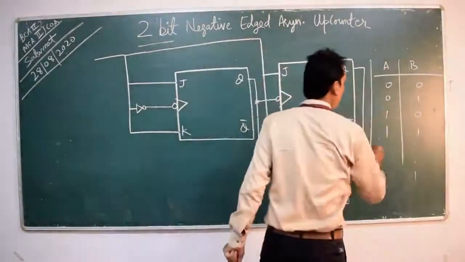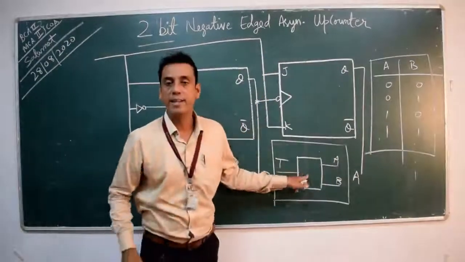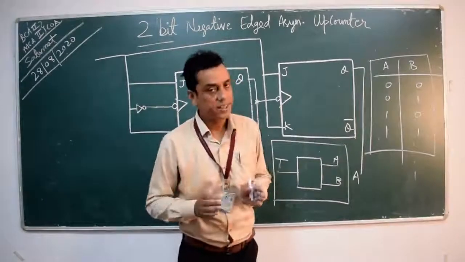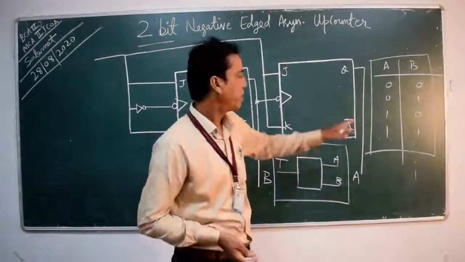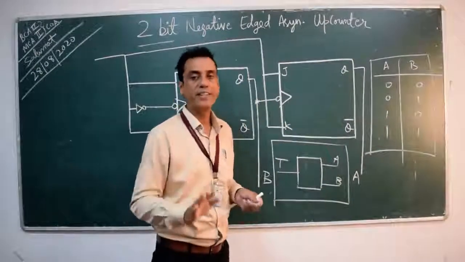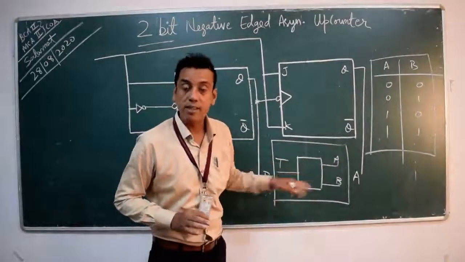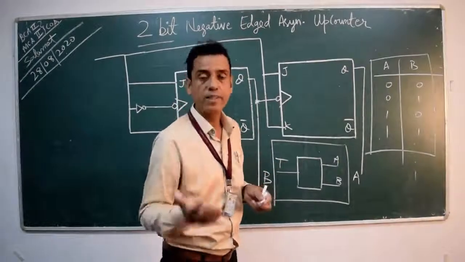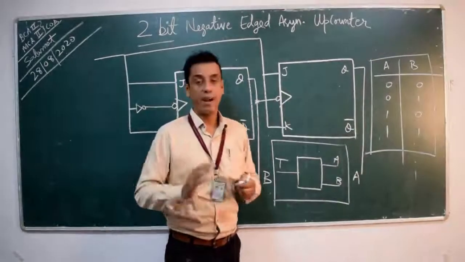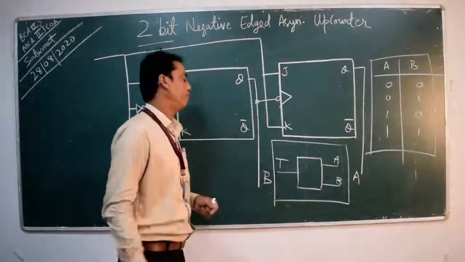This truth table shows that this circuit is producing a combination of binary digits in ascending order. Am I right? 0, 0, 0, 1, 1, 0, 1, 1 is a combination of binary digits in ascending order. So we can call this circuit a counter. This is the nature of the counter: either it will produce the combination of binary digits in ascending order or in descending order.